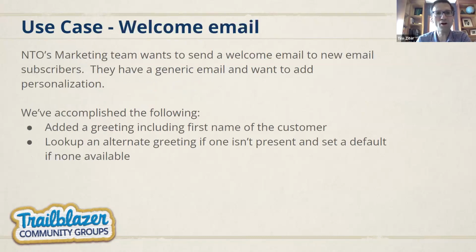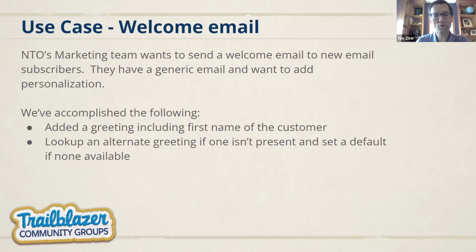So for our use case, we've got a welcome email for Northern Trail Outfitters. And where we had started in our last session, it didn't really have any personalization. We were able to add a first name, and then we were able to look up an alternate greeting. And now we just want to do some formatting of that name. The alternate comes in as a full name, but we want to trim that down to be just first name, and then use some functionality to make sure that the formatting is consistent.